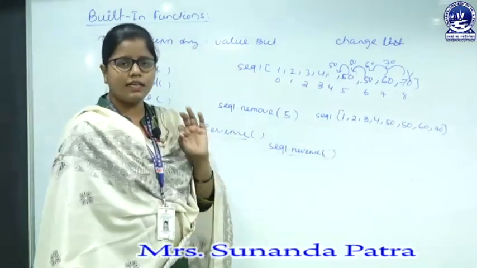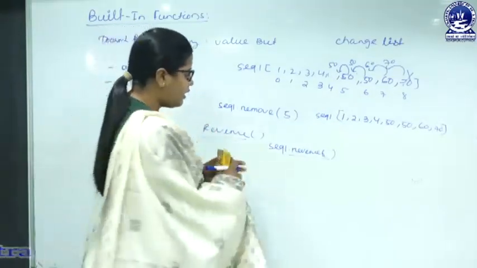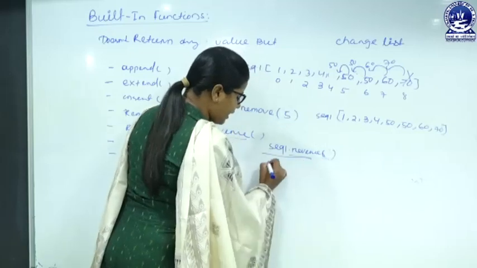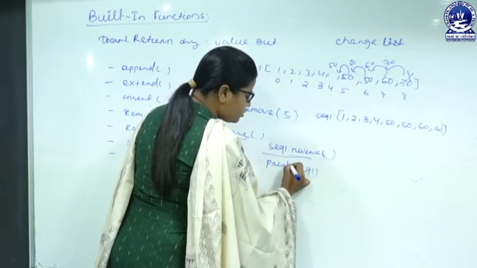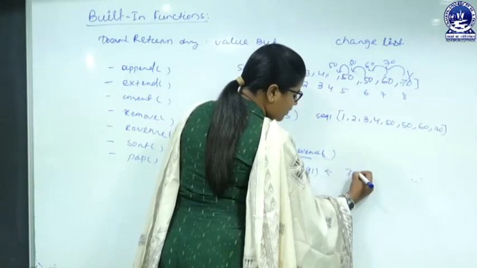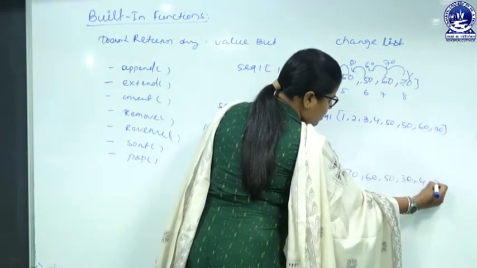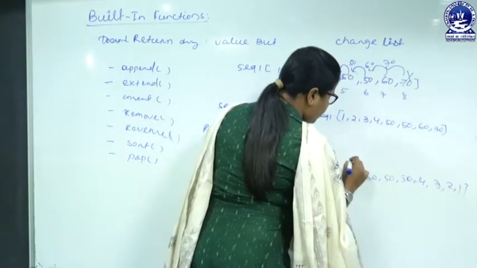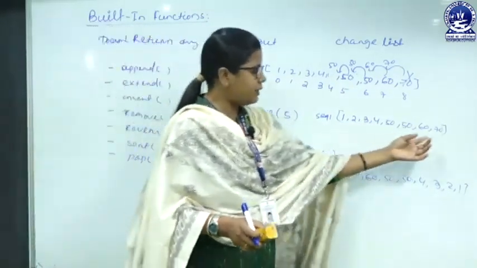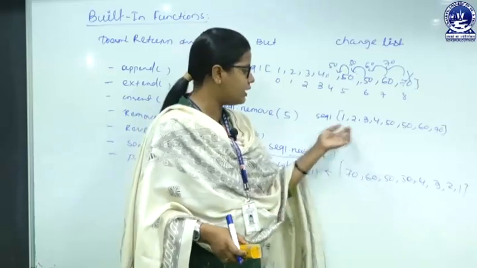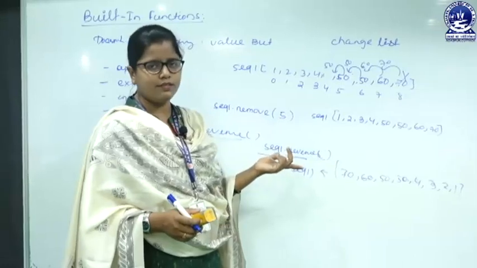This means we are giving the command to reverse sequence1, and after executing this line, when I print sequence1, it will print 70, 60, 50, 5, 4, 3, 2 and 1. That means the sequence is now reversed. The last element will come to the first, and accordingly, the first element will go to the last index. So, this is the work of the reverse function.